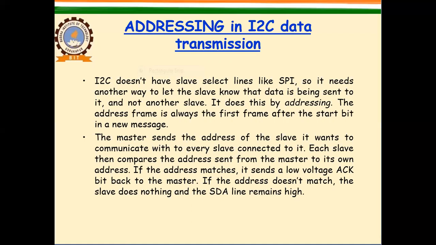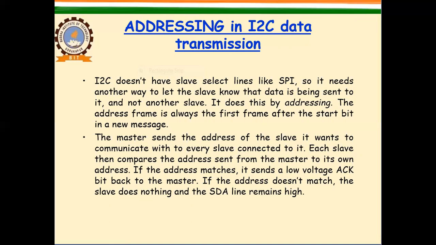Then how is a particular slave identified in the I2C protocol? As we have discussed, in the I2C protocol, the address bits, that is 7 to 10 bits, decide which slave is going to be used.